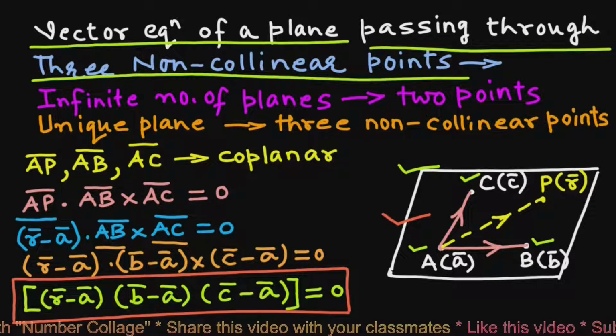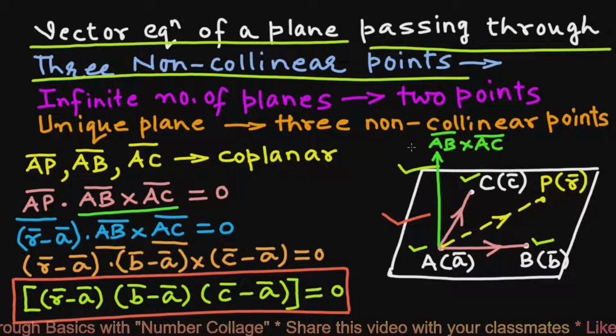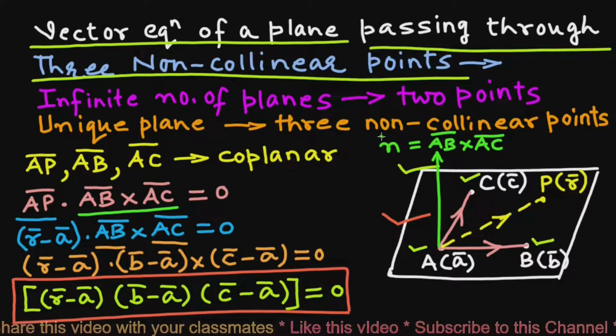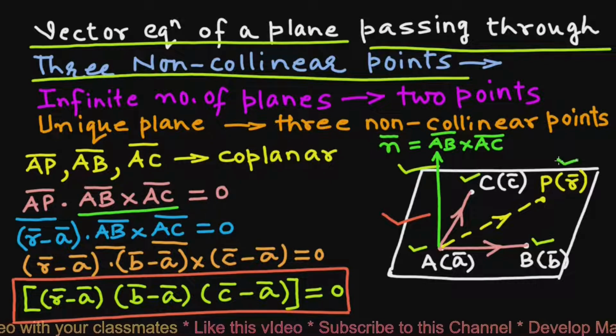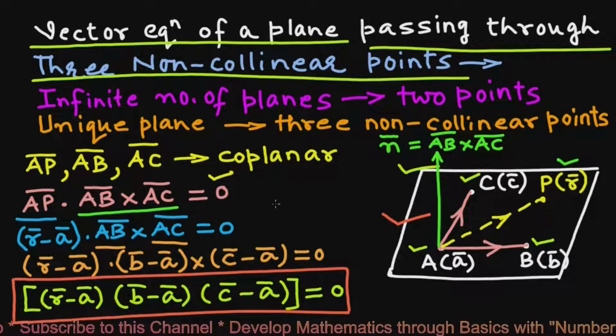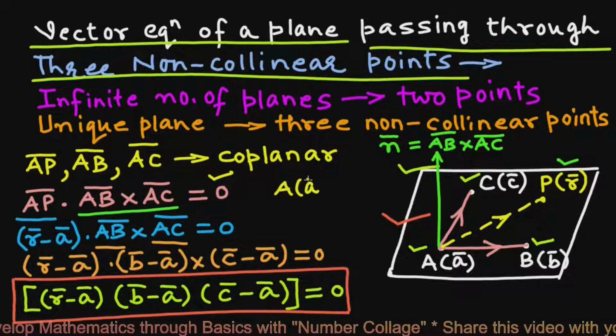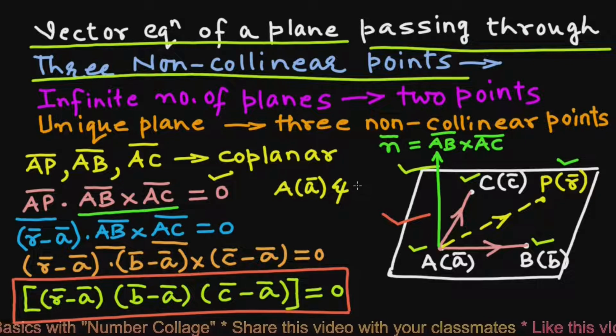Here we must note that vector AB bar cross AC bar is nothing but the normal vector n bar to this plane that we know of. So the situation here is same as the equation of a plane passing through point A bar and normal vector n bar to this plane.